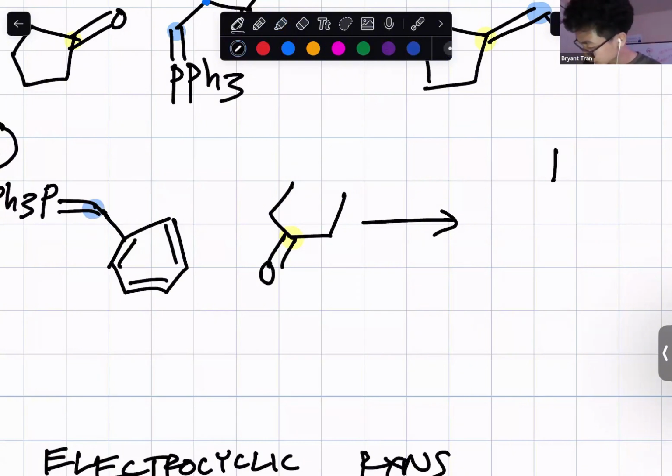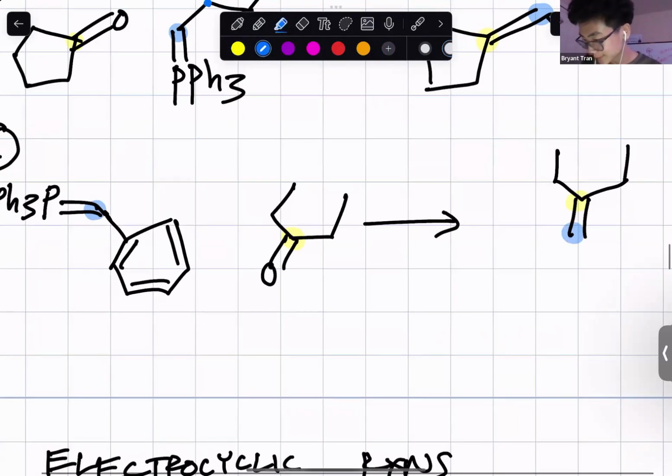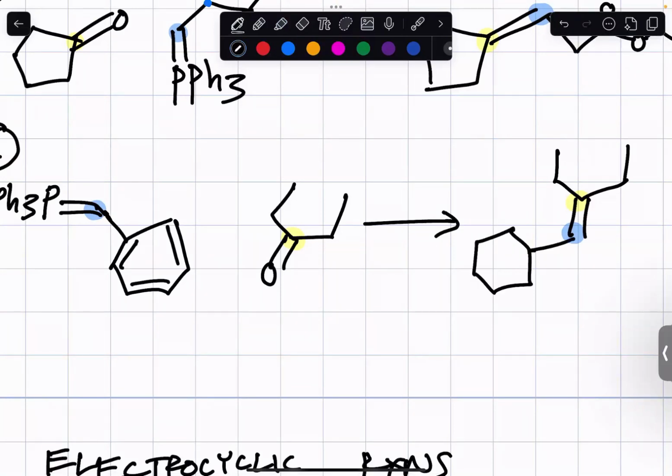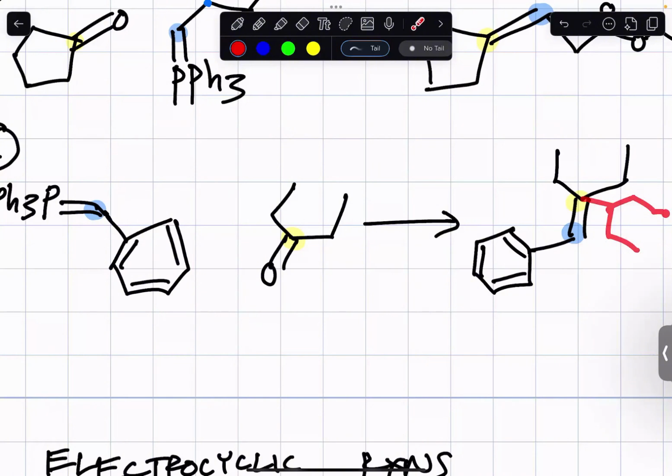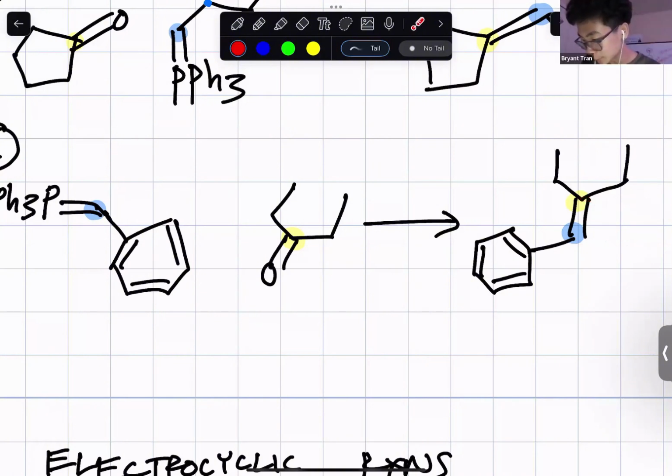I'm gonna draw the yellow bond carbon right here, and blue right here, which is attached to this phenyl group right here. You put a CH here, and then you drew that on that carbon, right? Which is not the case. That's the product that you gave earlier, right? Boom. This is the product you had.